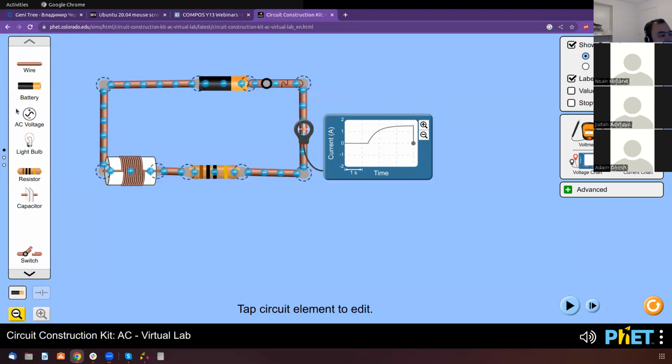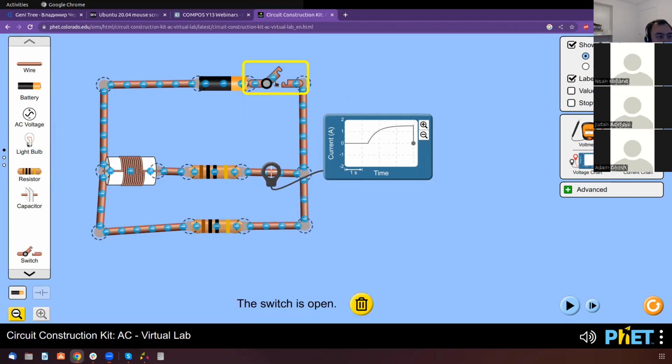Now, let's make a parallel circuit with another resistor. And we will be measuring the current here in the inductor. So this time the current is 0.